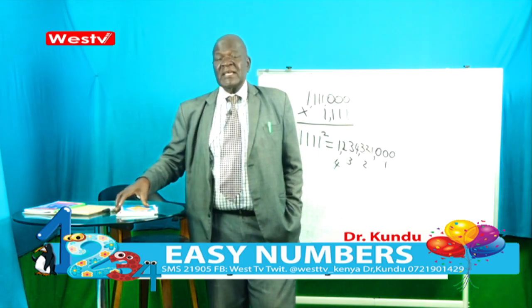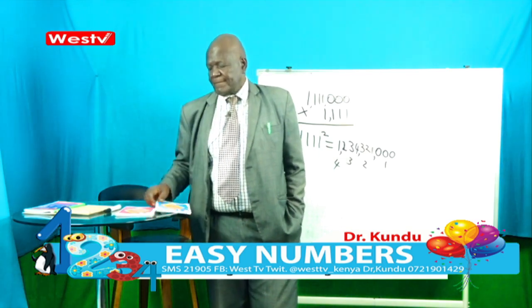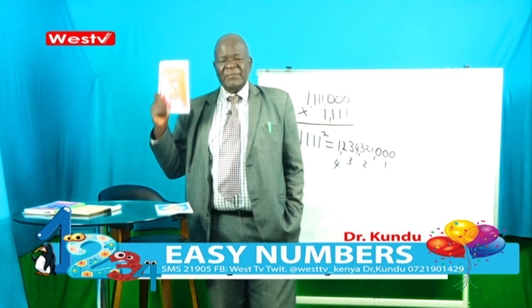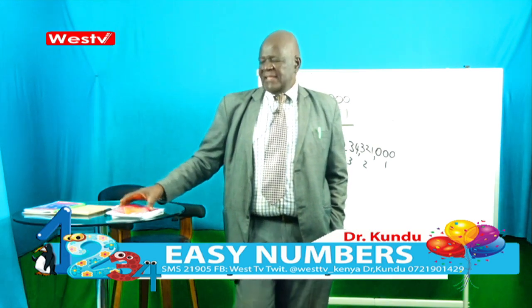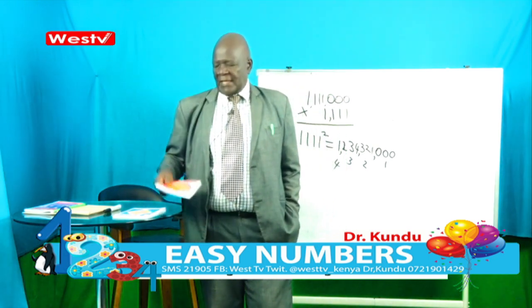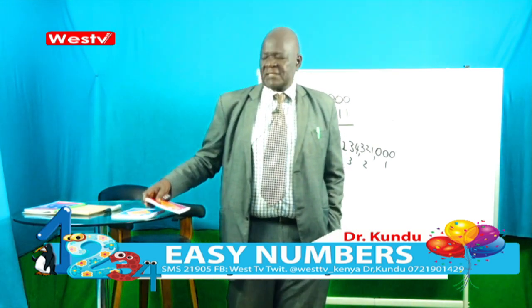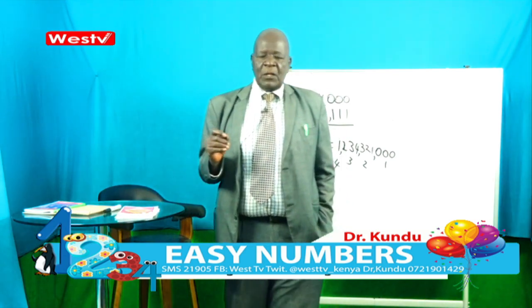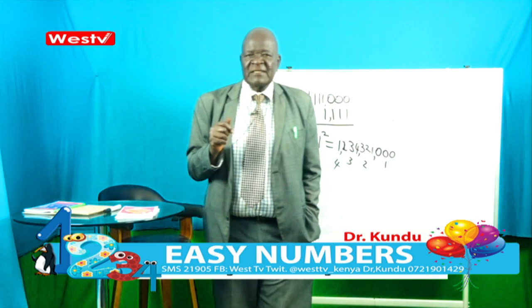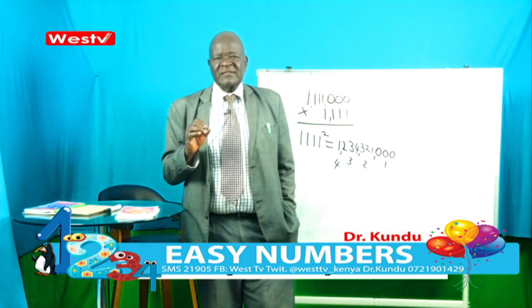And that's why I say those small books will contain something about numbers that you need to know. And why are they so small? I was told by a psychologist that children want to deal with smaller things than bigger things.